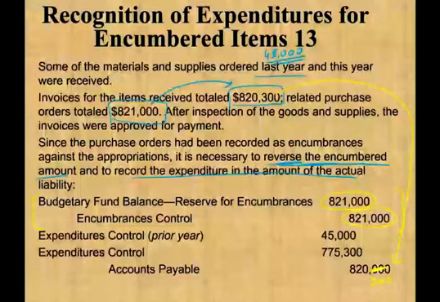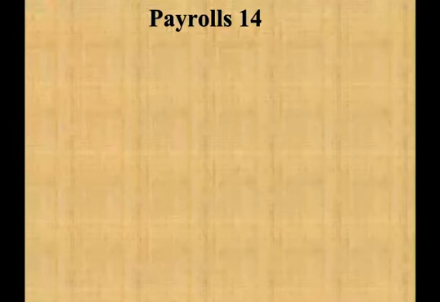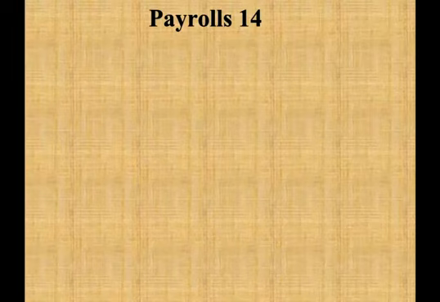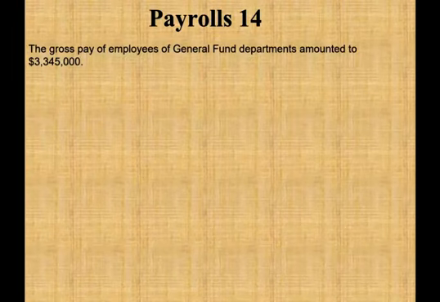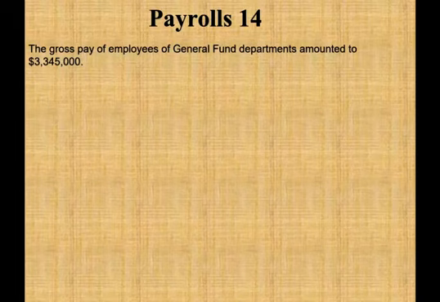Okay. So that's that. Now we're going to go ahead and start to pay our employees. This is transaction 14. The gross pay of employees of the General Fund Department amounted to $3,345,000. No encumbrance is used for payroll, so we don't encumber this amount.